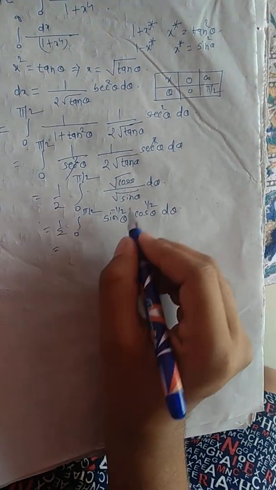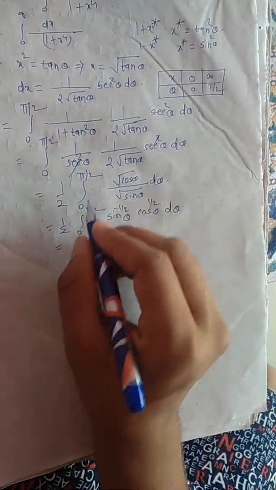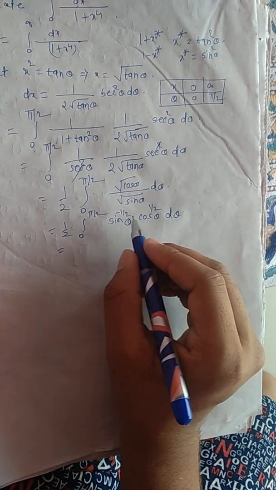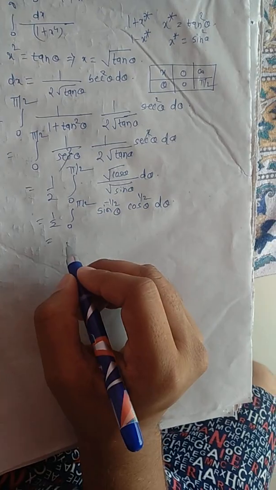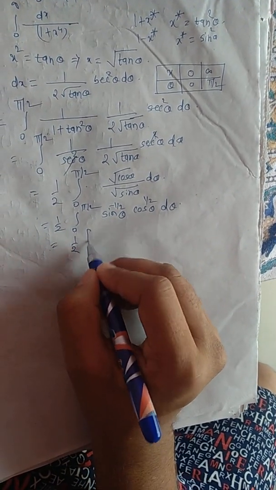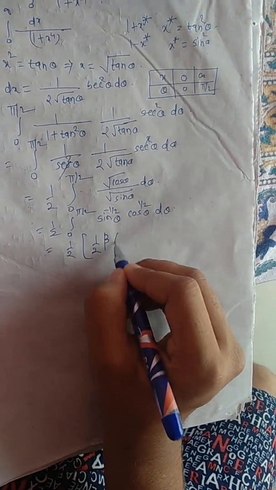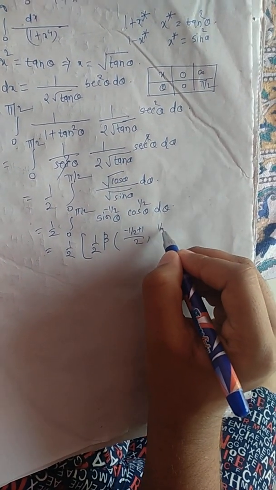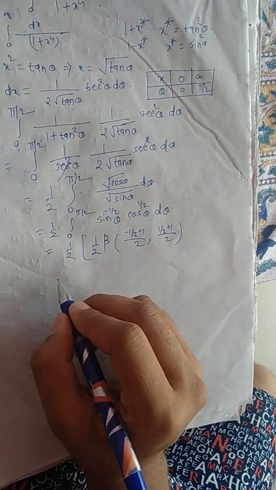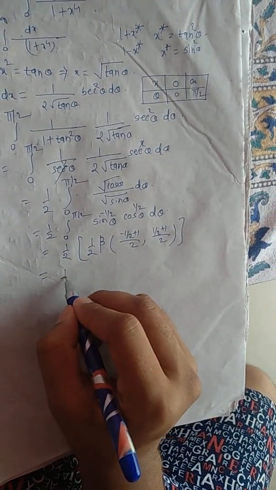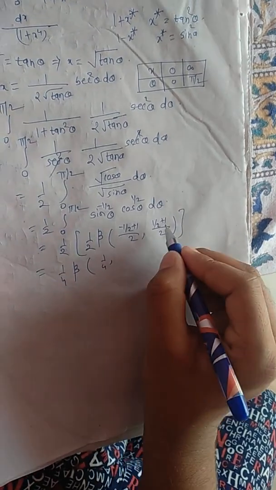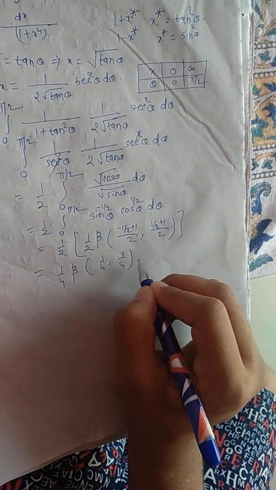Now we already have the property of the beta function, and hence we write the value of this integral as 1 by 2 into 1 by 2 beta of minus 1 by 2 plus 1 upon 2, 1 by 2 plus 1 by 2, which is equal to 1 by 4 beta, 1 by 4 and 3 by 4.